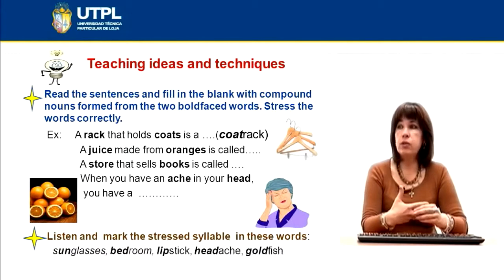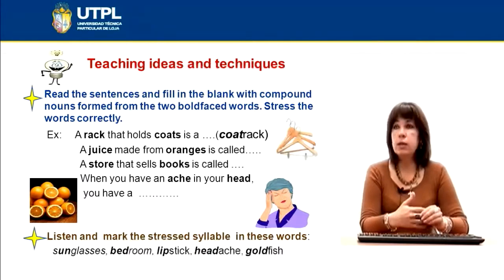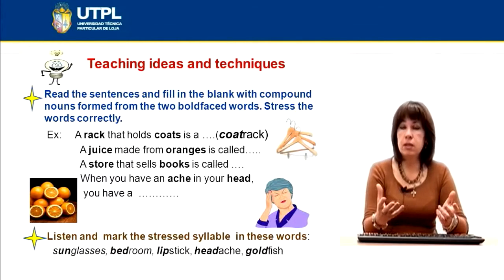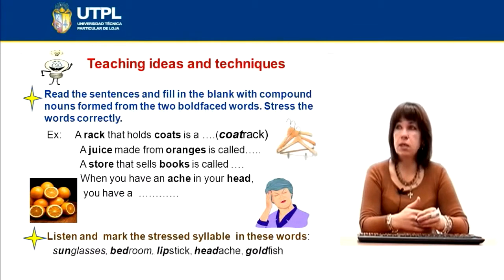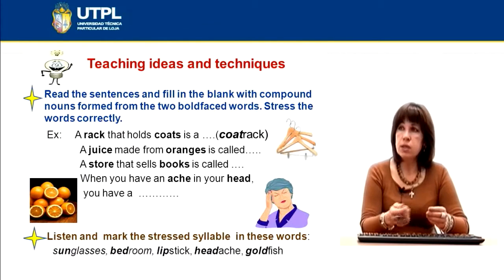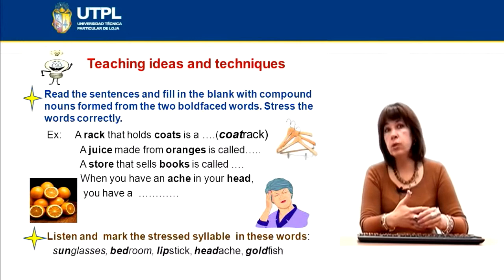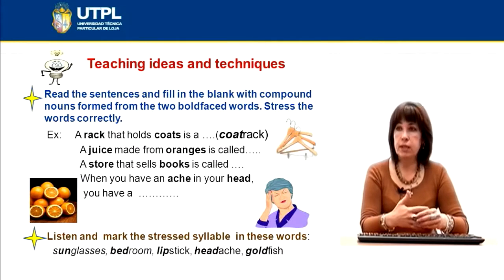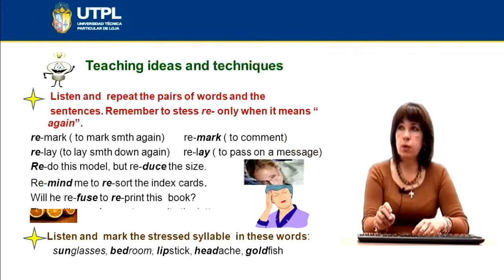Well, and they have to write this compound word, and later you can expand this activity a little bit more and ask them to underline or circle or pronounce which element of this compound word has the main stress. Well, next activity, listen and mark the stressed syllable in these words, or simply present words and the students can be asked to mark the stressed syllable in these words.